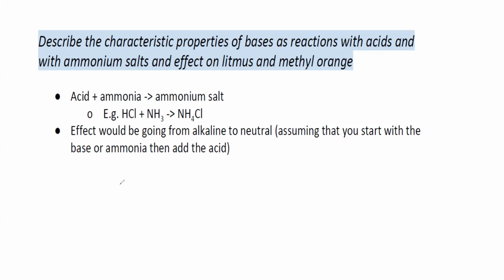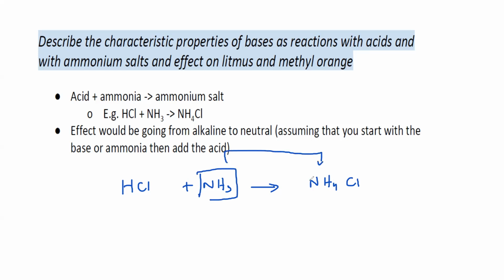For example, with the previous example, HCl was reacting with NH3. As a result, it turned into the salt ammonium chloride. What will be the change? First it was NH3 and then it turned into NH4. If NH3 turned into NH4, it means it accepts or takes a proton.